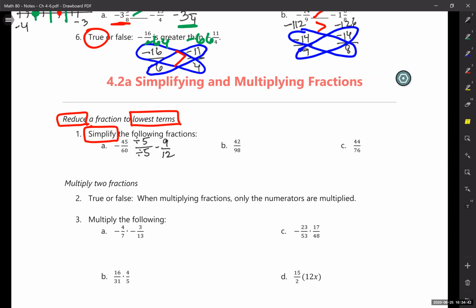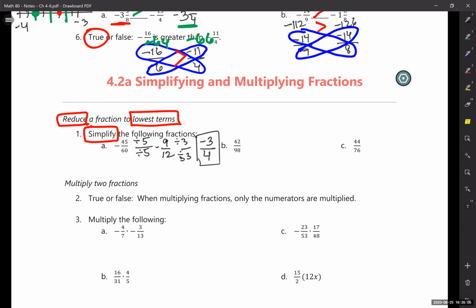Then you ask yourself, is 9 over 12, do they have anything in common? And they do. They're both divisible by 3. So I'm going to divide by 3 on the top, divide by 3 on the bottom, and I get negative 3 over 4. Now, the fact that I did it twice meant I didn't really have the biggest number the first time.